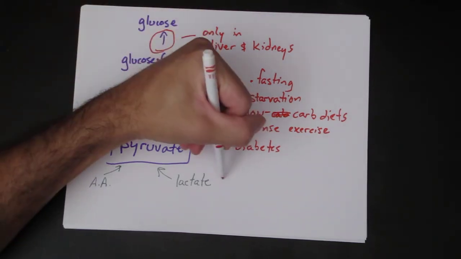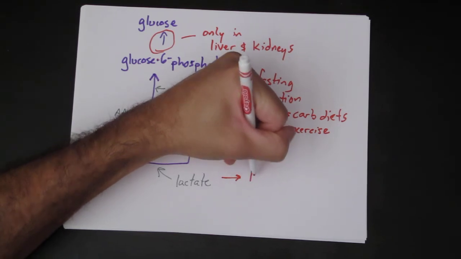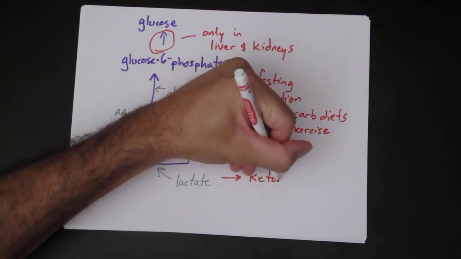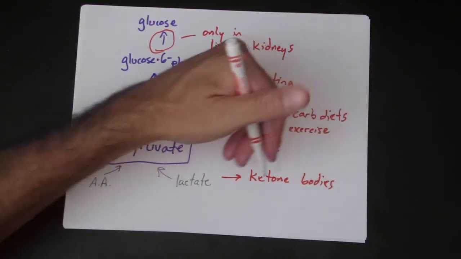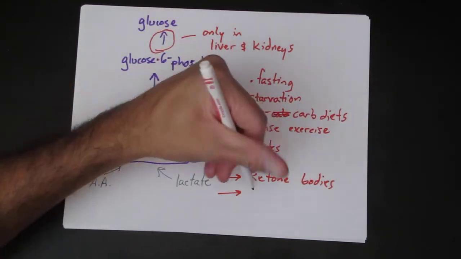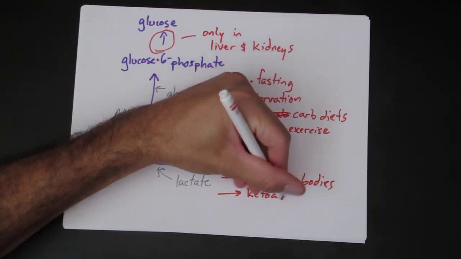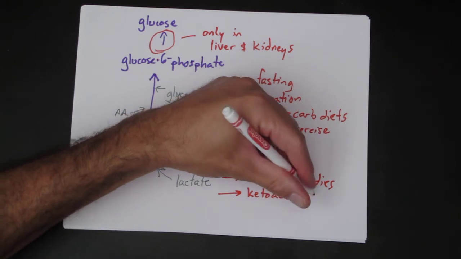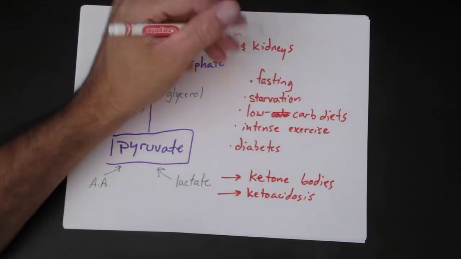One of the byproducts of gluconeogenesis very often are things called ketone bodies. And a person who's doing a lot of this can go into a state that we call ketoacidosis. All right? Ketone bodies often can be detected in the urine.